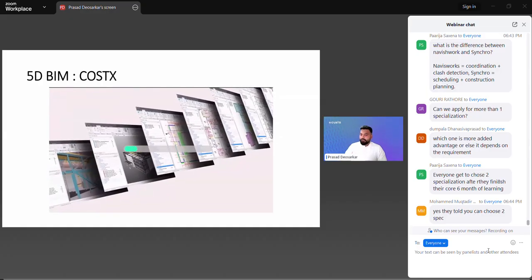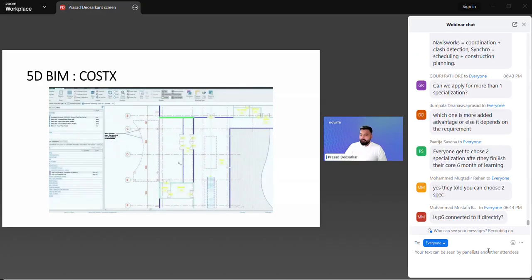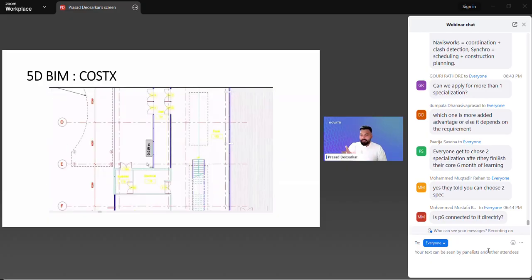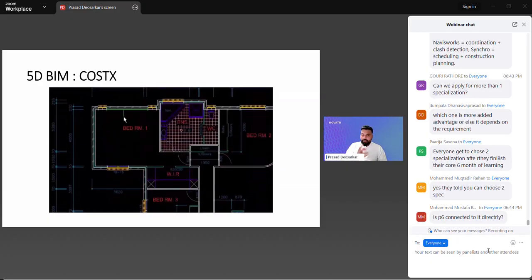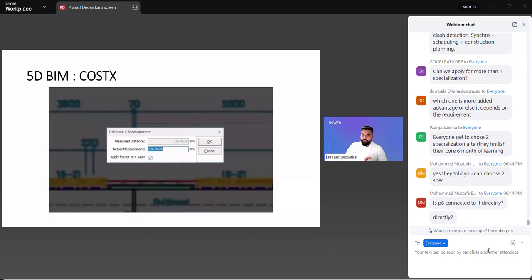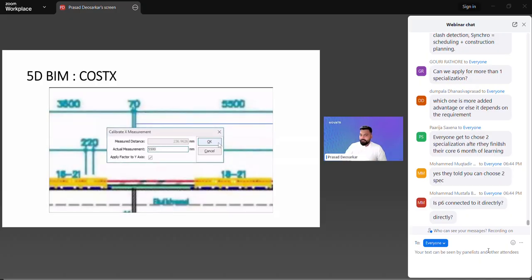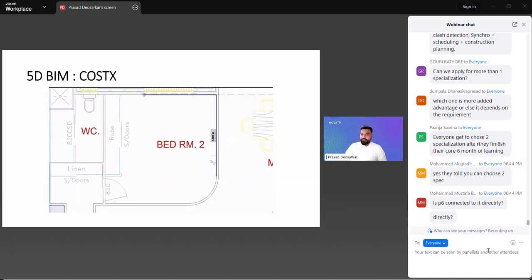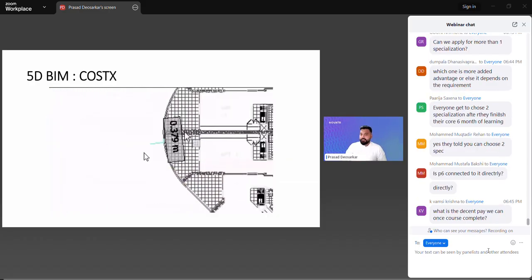That is another huge advantage that Costx has over other software. This is how Costx looks. If you click on a particular element, it will show you the entire quantity that's associated. You can do measurements, you can scale the measurements, and then you can generate the whole quantity in one go. Although this is manual, and you can still do it in PDF, you have software specifically designed to do it, which is much easier.